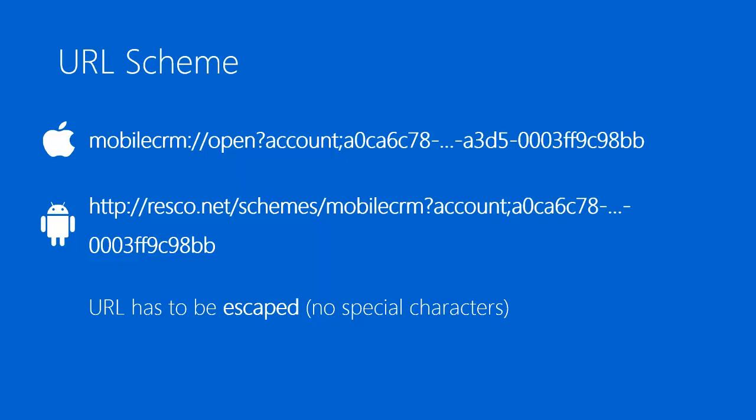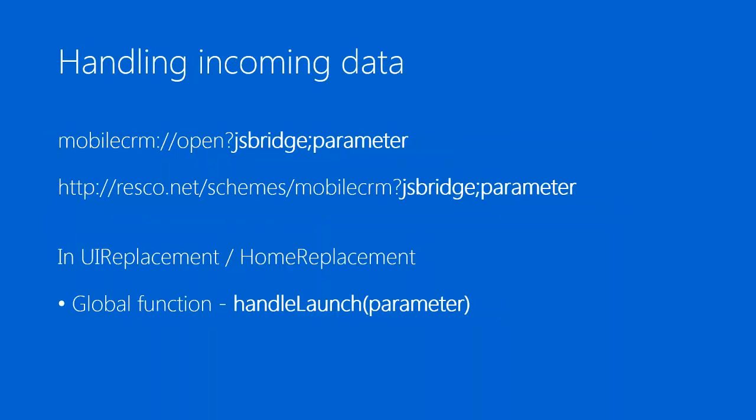So this is the URL scheme that we have registered to consume. And if you have a third-party application, it probably has some URL scheme that it consumes as well, or it needs to register for one. To handle incoming data from the third-party application, the third-party application can use a different looking URL.